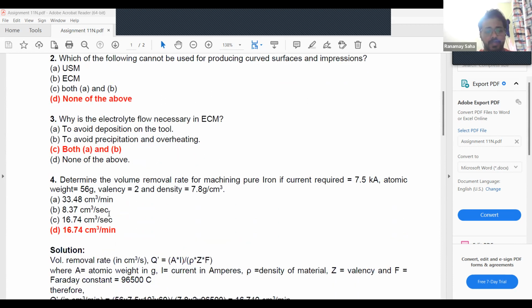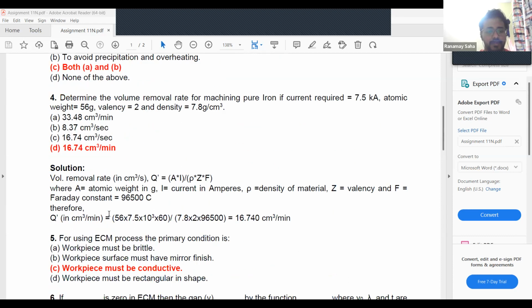Now, the next question was a numerical on material removal rate in the same process. There are standard formulas for the MRR in terms of cubic centimeters per minute. You just plug in the values of atomic weight, current, density, valency, and Faraday's constant, which is 96500 coulombs, and find out the MRR as 16.74 cubic centimeters per minute.